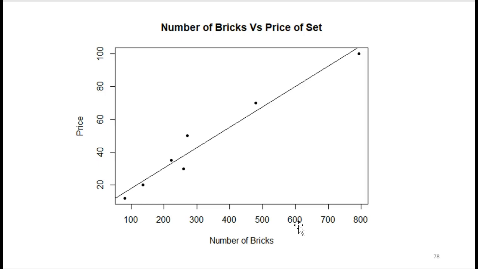We can do this by drawing a vertical line at 530 bricks. Notice that the vertical line intersects the regression line at 69.21. This is the same predicted price we got using the equation. The line and the equation contain the same information, but the equation will give you a more precise value since the line requires you to look at the graph and estimate the value.